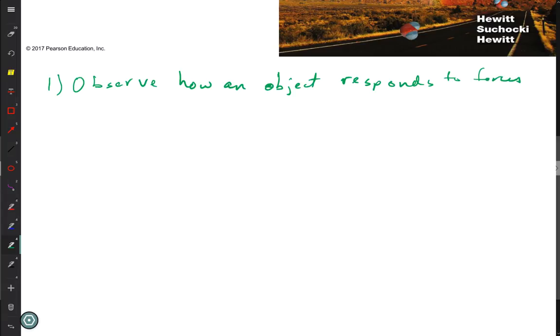And so then the second step, what's the second step of our scientific method? Hypothesis. Okay, to form a hypothesis, and the hypothesis has to fit three things. What are those three things? Explain why the observation occurred.